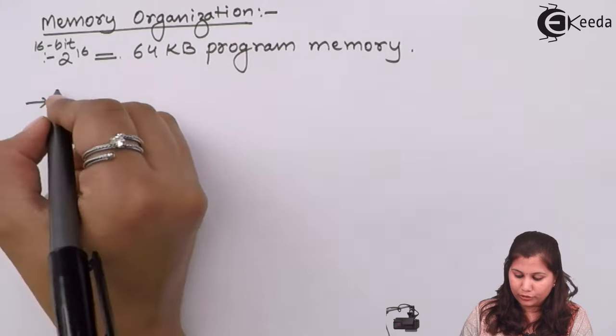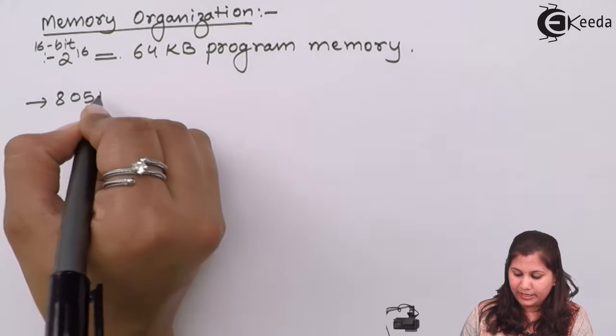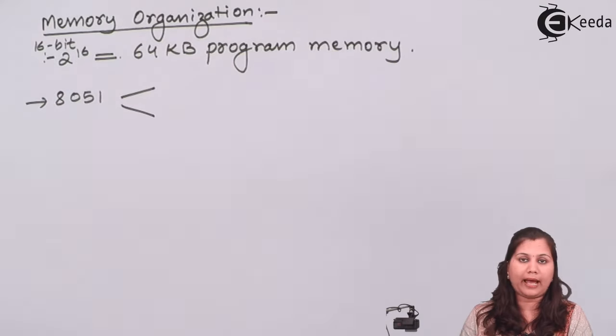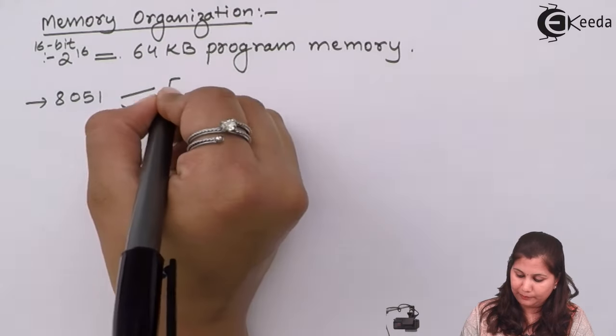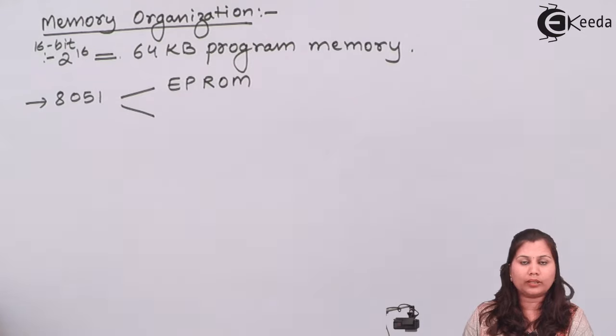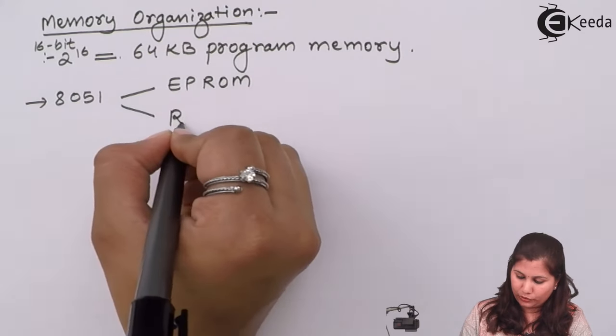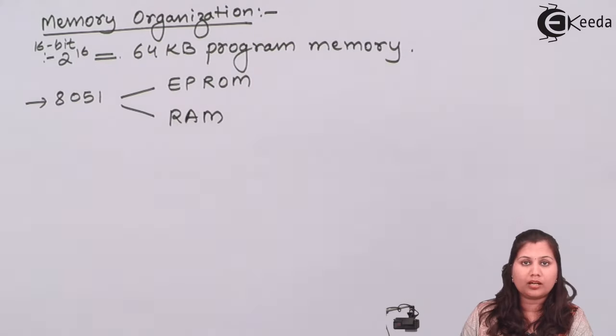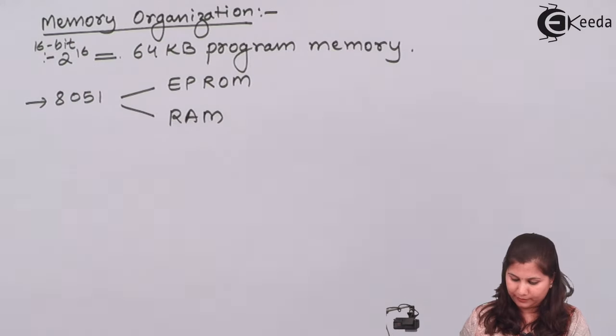Now the microcontroller 8051 requires both the ROM, that is EPROM, and RAM also is required. ROM is required for the permanent storage of the programs and the data, whereas RAM is required for the temporary storage of the data and the programs.